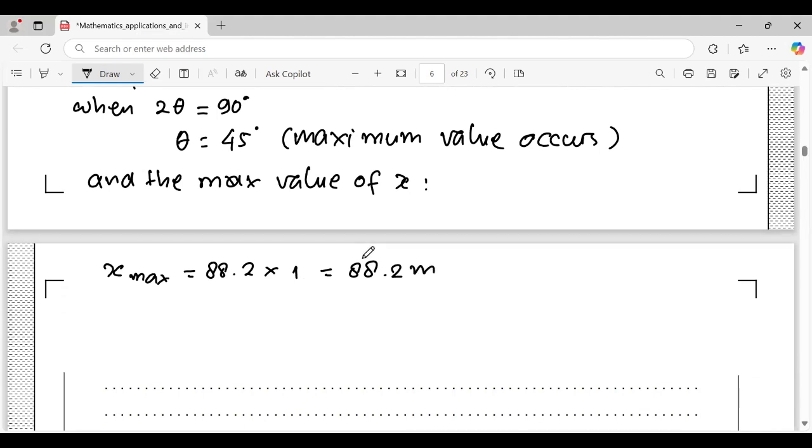So the maximum possible value for x, the horizontal distance that the T-shirt can travel, is 88.2 meters when the T-shirt is launched at an angle of 45 degrees.